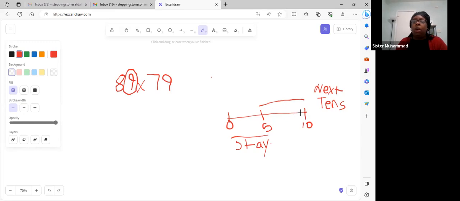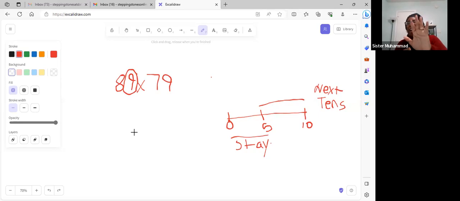Well, we know, being in the 5th and 6th grade, that 9 simply comes right before 10. So what does that mean for us? Will we stay, or will we go to the next tens? We will go to the next tens place. And if you count by tens, you have 10, 20, 30, 40, 50, 60, 70, 80, and then we have what? 90.